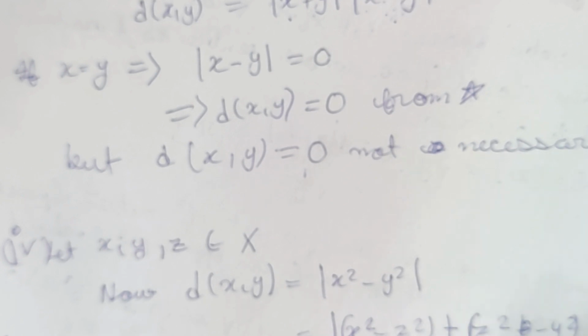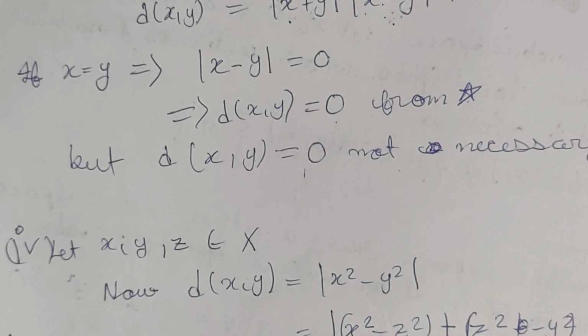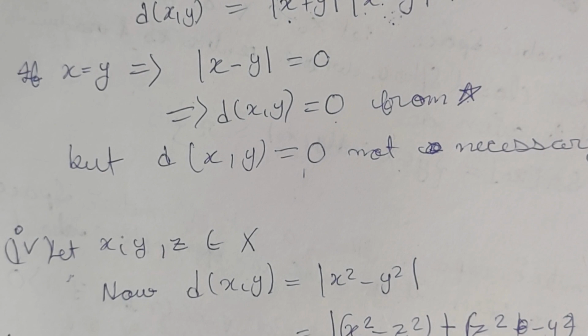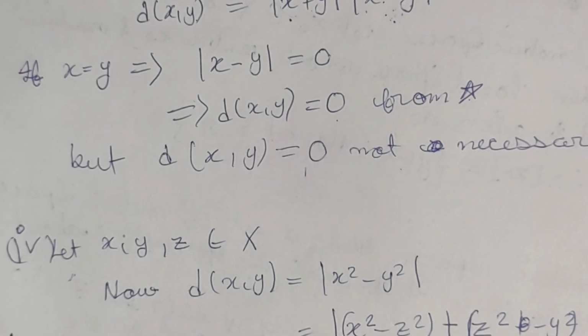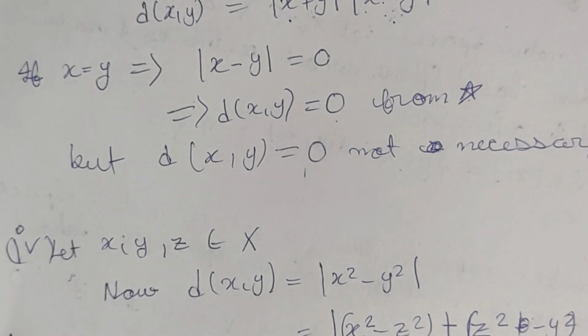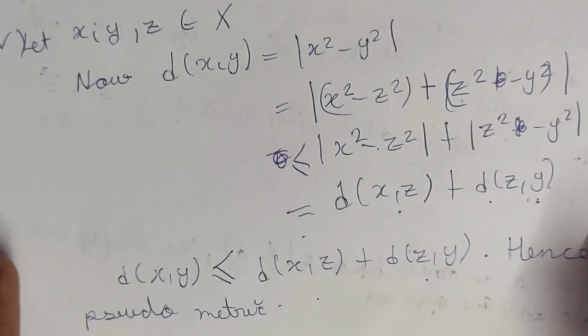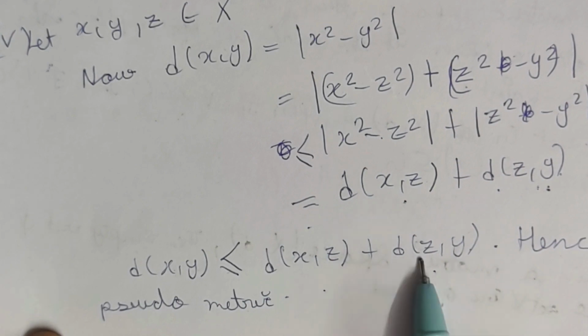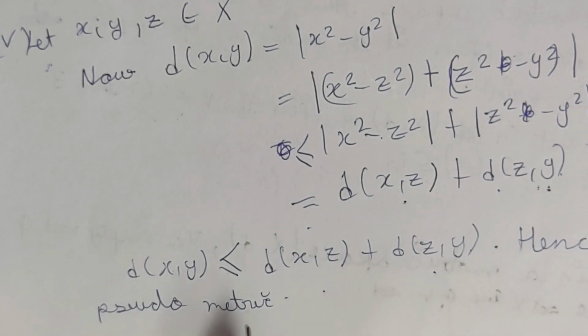Then again we use the property that modulus of (a plus b) is less than or equal to modulus of a plus modulus of b, and here we get the inequality sign, and this will be equal to d(x,z) plus d(z,y). Hence d(x,y) is less than or equal to d(x,z) plus d(z,y). Hence d is a pseudo metric space.